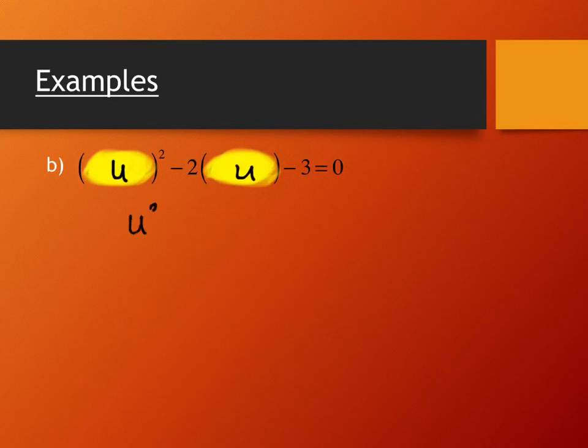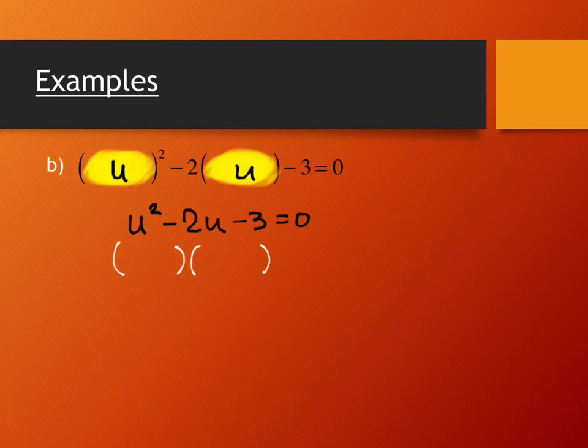If this said u squared minus 2u minus 3 equals 0 to start with, instead of what it said before, could you solve that? Absolutely, you could solve that. Simple, it's factoring, it's lovely. So let's do that first, okay? We're actually going to solve that.